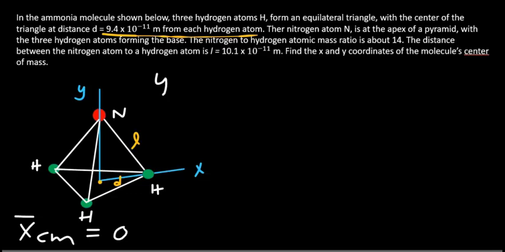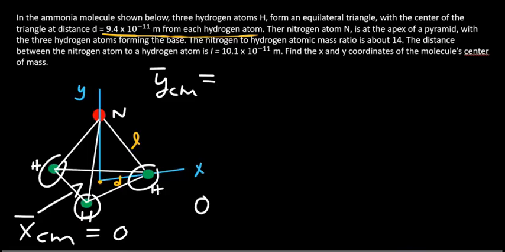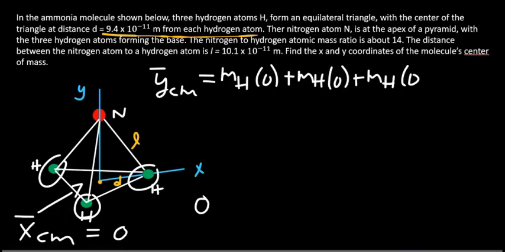Now let's look at the y-coordinate of the center of mass. You notice that all the hydrogen atoms have a y-coordinate of 0 because they are on this plane. So for these hydrogen atoms, you have terms like mH times 0 plus mH times 0 plus mH times 0. The nitrogen atom, however, is situated exactly on the y-axis, so we have the mass of the nitrogen atom times its y-coordinate, in this case, that distance.